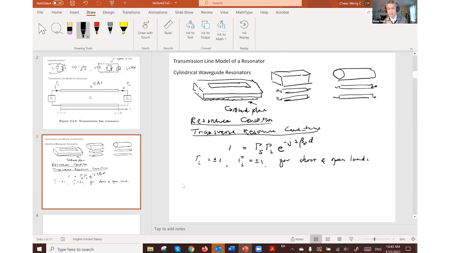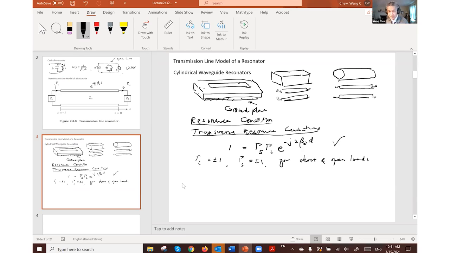Okay, those you can find very easily. If the transmission line is terminated with other kinds of loads, you know how to find those reflection coefficients too. But then solving this equation will be too difficult. So we just do the simplest case, where we have terminated the transmission line with either short or open.